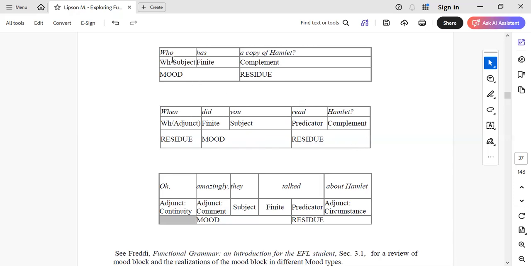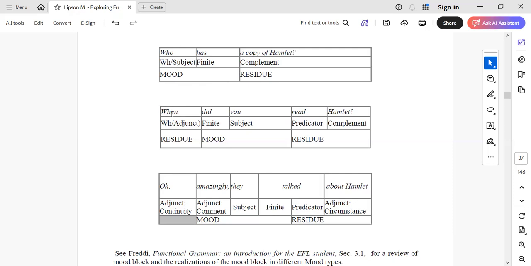So over here also, who has a copy of Hamlet? So here the subject. Why are they saying this one? Who is the subject? Because who has replaced the subject position here, right? Is that clear now? So the answer would be Mr. Kamran, Ali, and these sort of things, right? So we are asking about the subject.